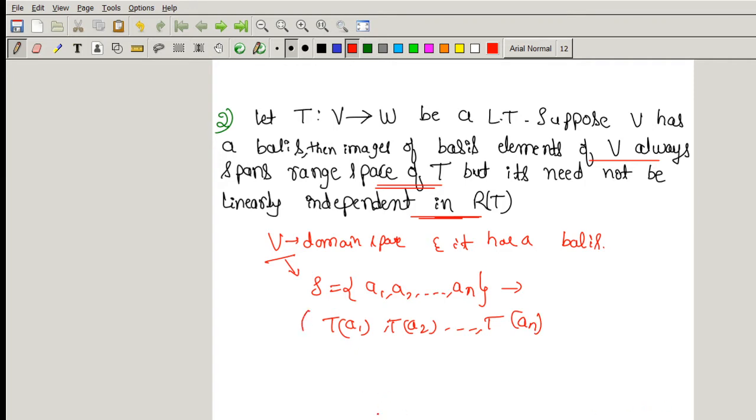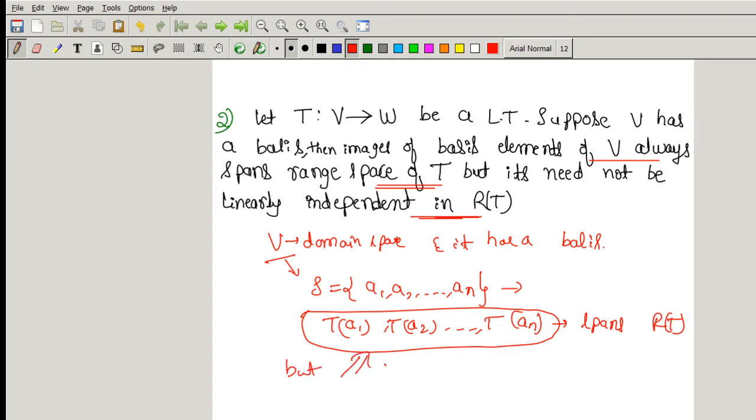These elements always span the range space of T, but these elements need not be linearly independent.